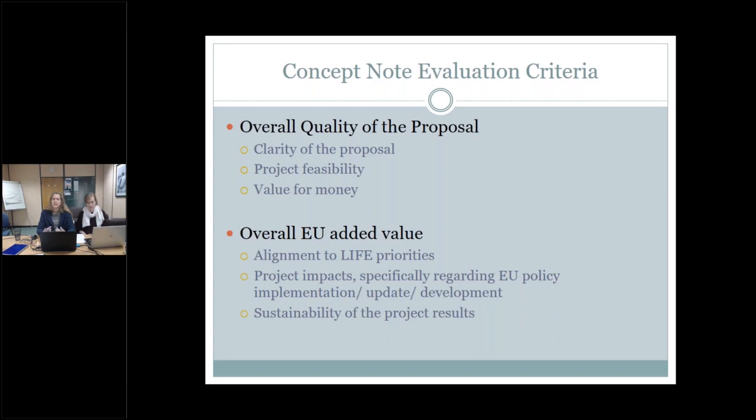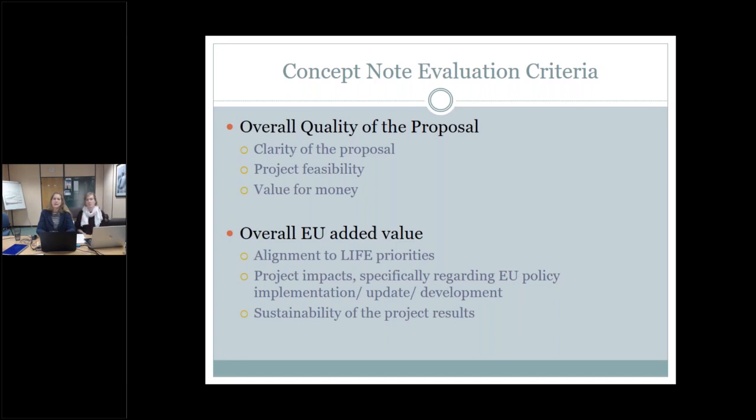Under the second evaluation criterion, overall EU added value, the criterion will focus on the project contribution to the LIFE priorities, its expected impacts, and the sustainability of the project results. And this again is referring a lot to what I have already mentioned regarding transferability, sustainability, replicability, the project topic.